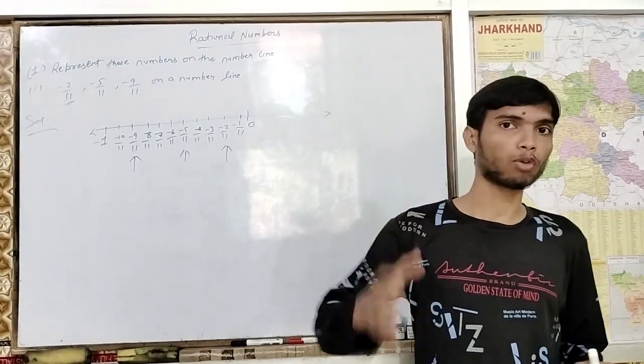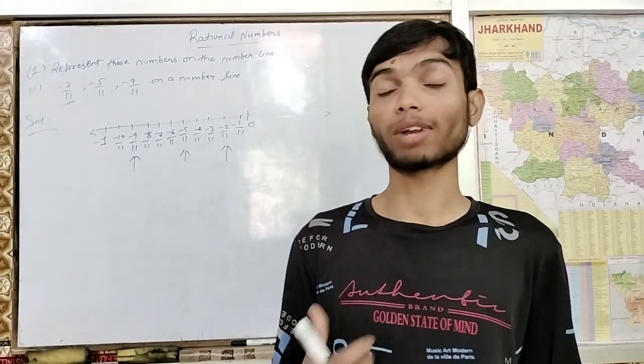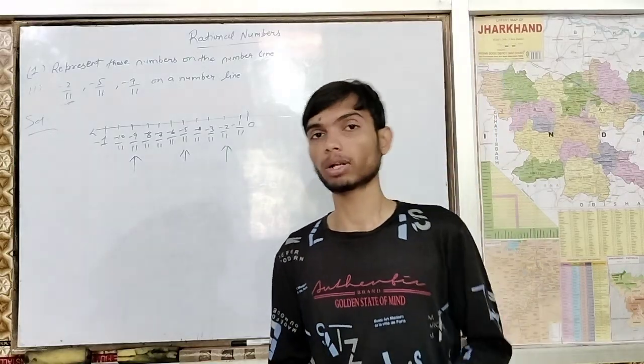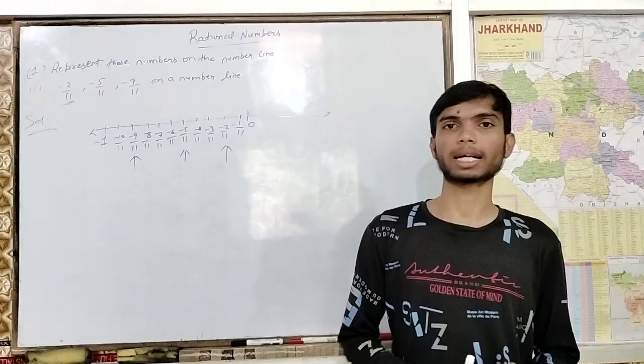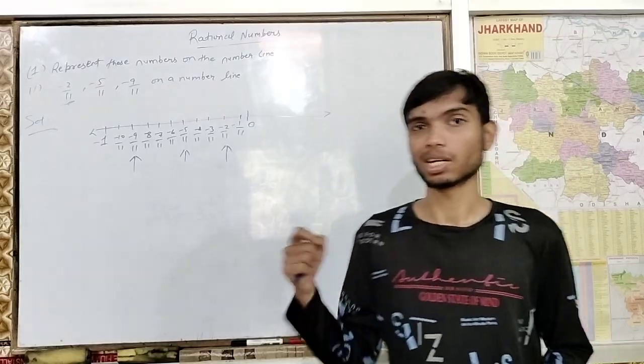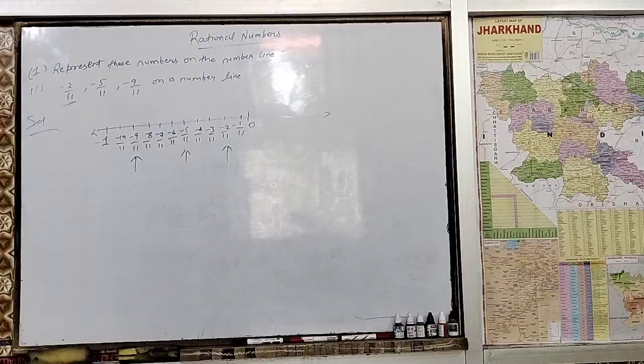First of all, you will have to have a clear understanding of the concept of this lecture. Then you will be able to plot this number on a number line. Okay, I am going to write the next question. Just have a look.